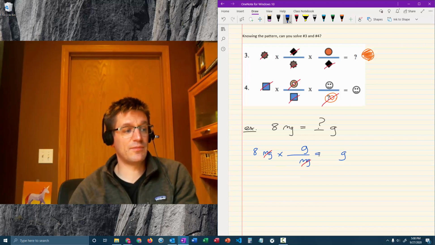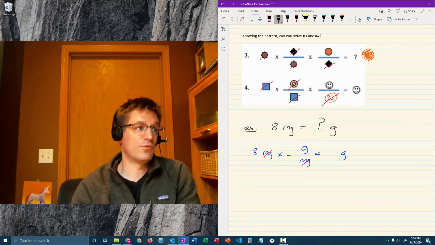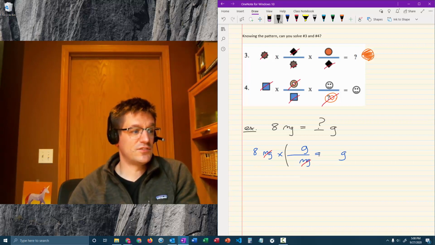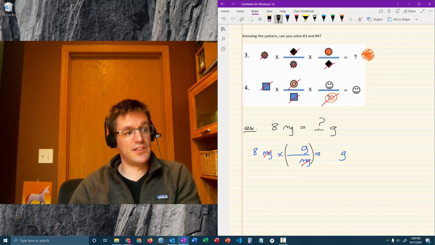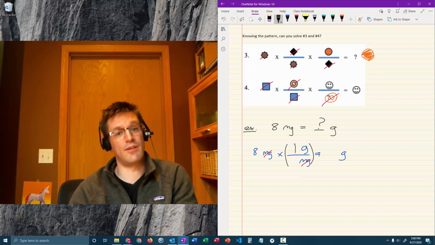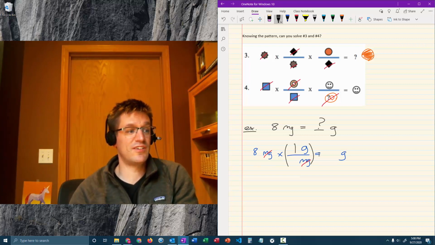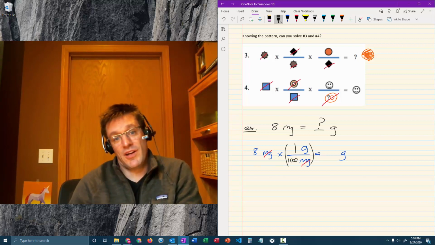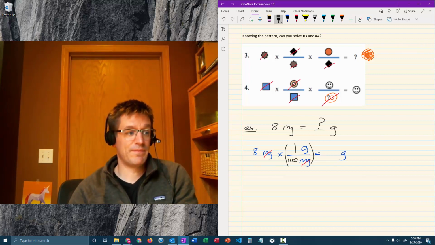And now my last step is to look at what numbers fit in here. Really, what this chunk of equation is asking us is, what's the conversion factor for grams to milligrams? In 1 gram, how many milligrams are there? It's 1,000. And if you don't know that by heart, you can look it up.